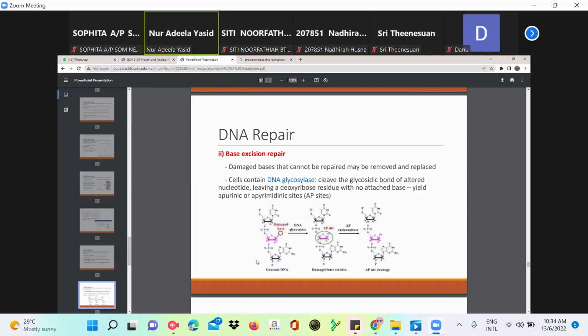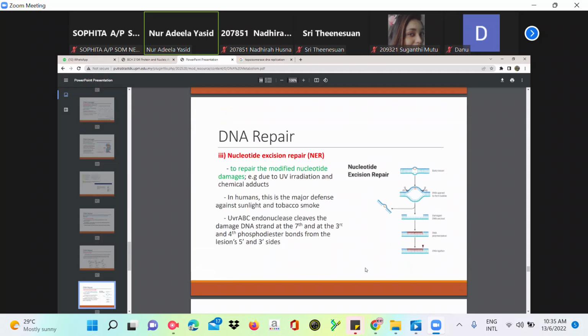So this produces AP sites. Then a glycosylase helps to produce the AP sites. That's how it repairs.